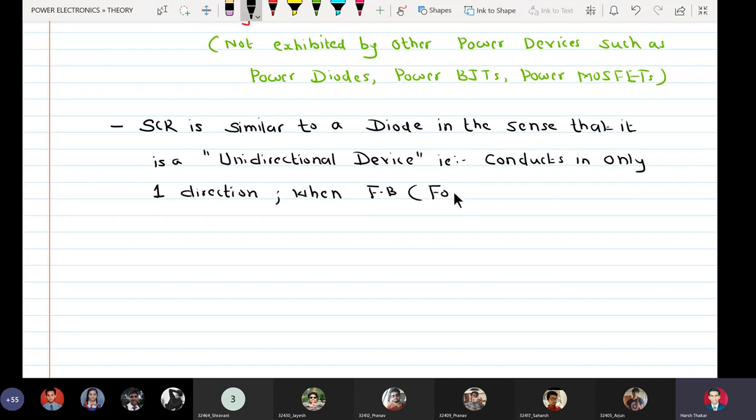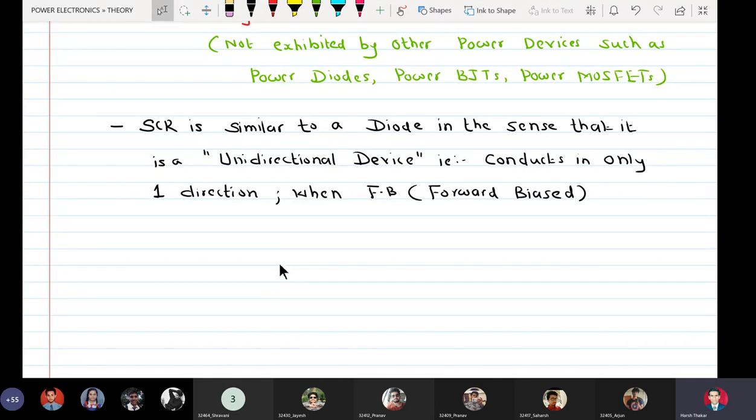Okay, so we are going to use the abbreviation FB for forward biased and RB for reverse biased. Okay, so SCR is similar to a diode in the sense that it is a unidirectional device, that is it conducts in only one direction, that is also when it is forward biased.